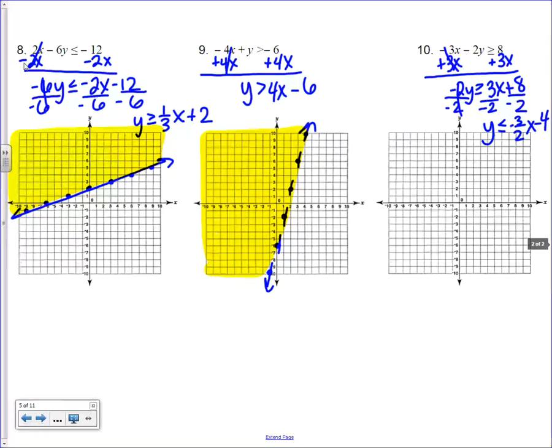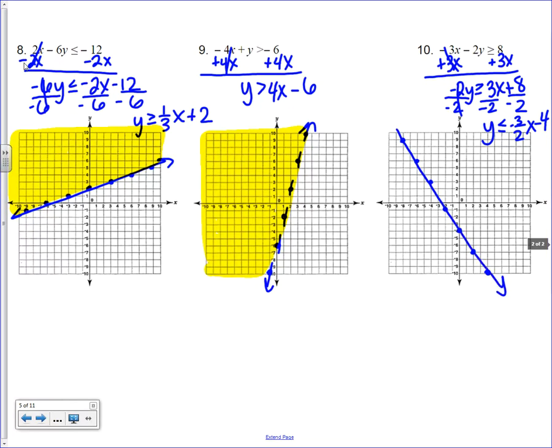Starting down 4. And where you going? Where are we going from here? Oh, we're going to go down because it's negative. Yep, down 3 to the right 2. Solid or dashed?